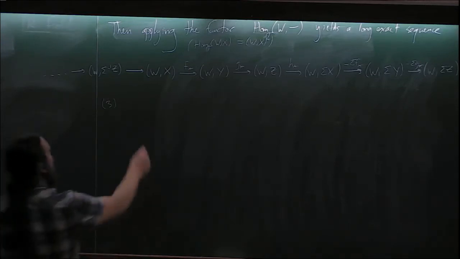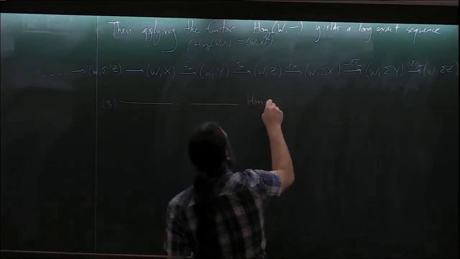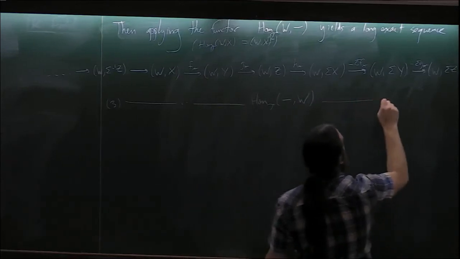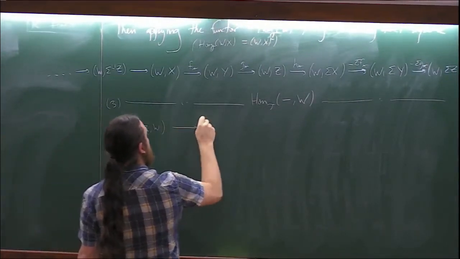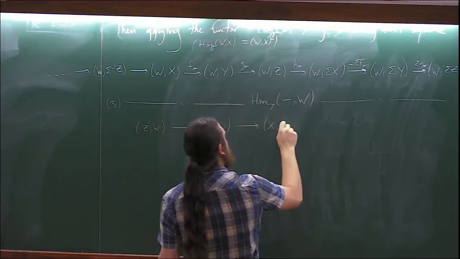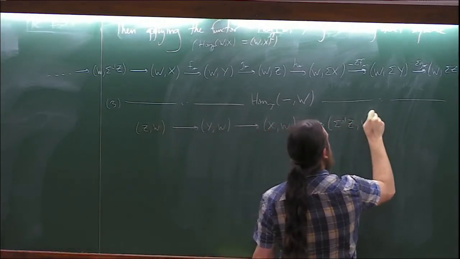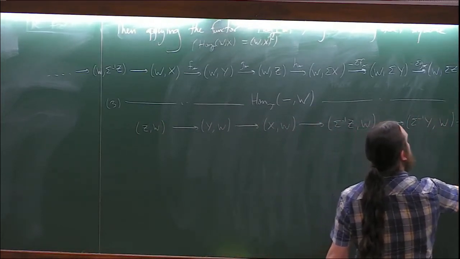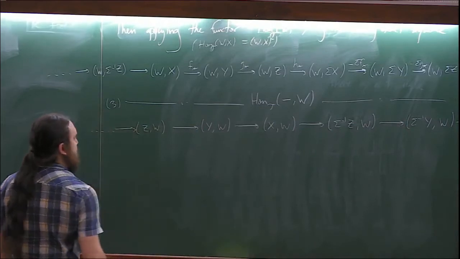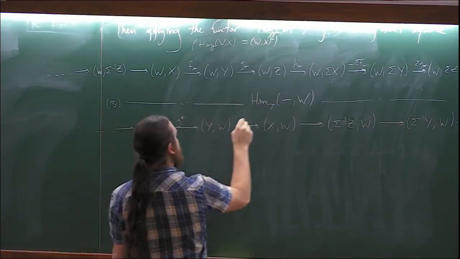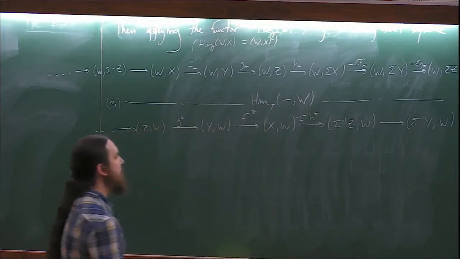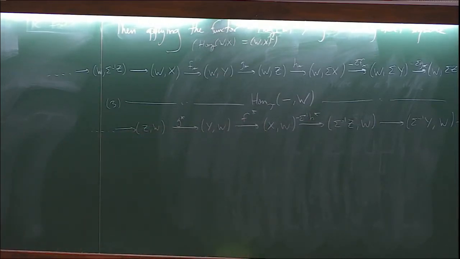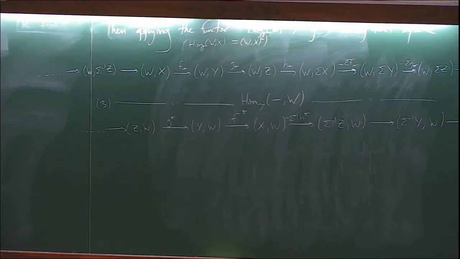If you apply the contravariant functor Hom blank W, then you get a long exact sequence going in the opposite direction. And these properties are the ones we are going to use.